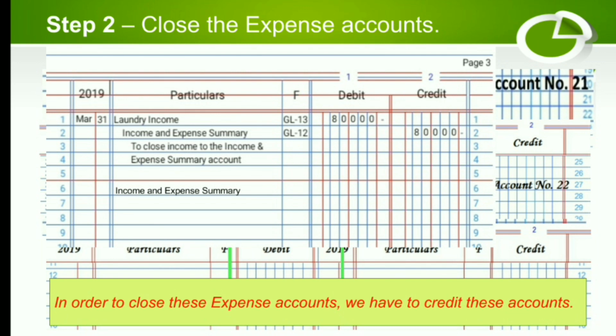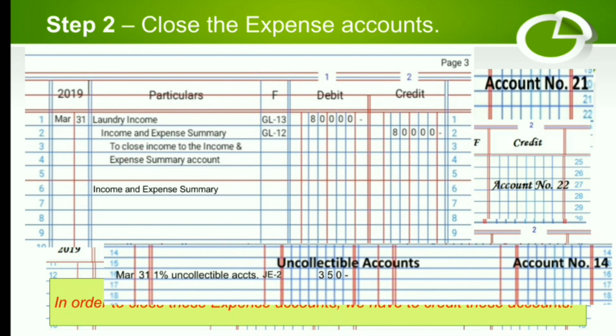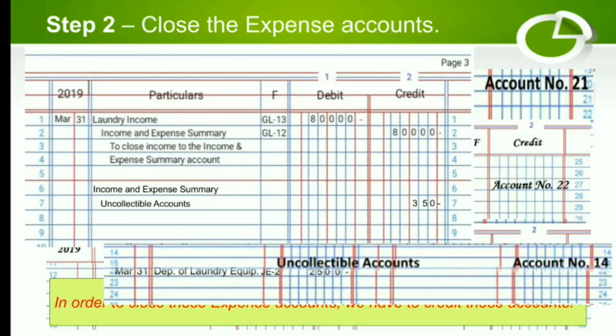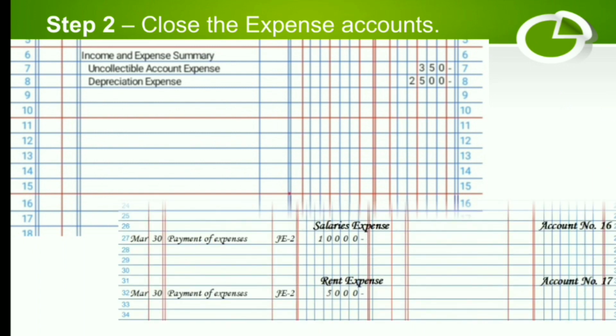For the credit entries, we will go through all the expenses of Davao Laundry Services one by one. We'll start with the uncollectible accounts of 350. We're going to credit it here in the general journal, so we have uncollectible accounts, and the amount is 350 pesos credit. Next is depreciation expense of 2,500 pesos.